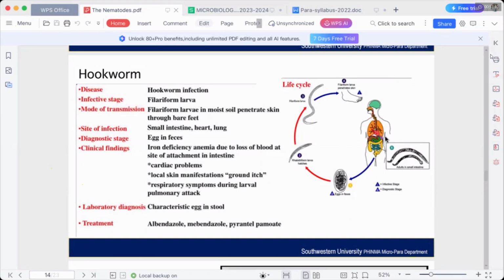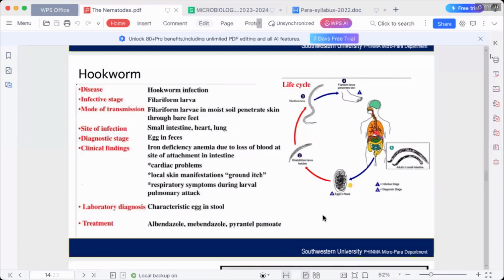You can diagnose hookworm by simply ordering a direct fecal smear and you can see the egg in the stool. The treatment is basically the same as the others. As I said, in layman's terms they call it parasitic infection or BTOC.